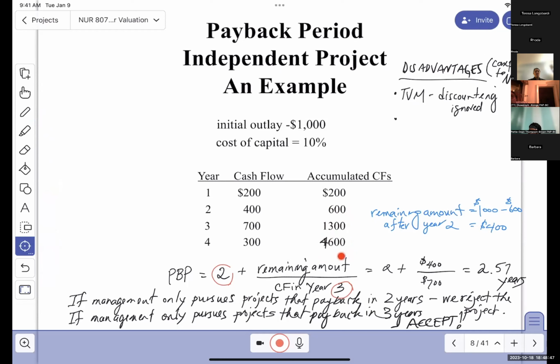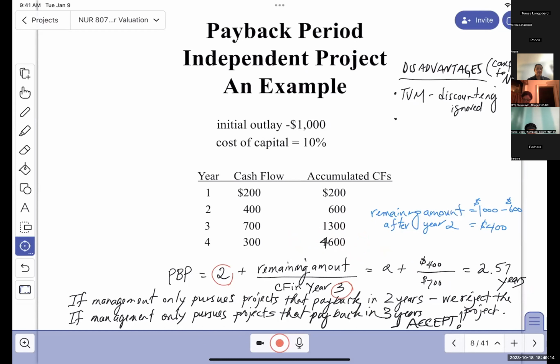But don't you think that number is important? It is. Yes. So even though it's paying back in 2.5 years, you want to be able to tell the people making the decision, or your team, that if we hold out, we have 4,600 coming. So let's extend our cutoff, right? Let's just wait for that.